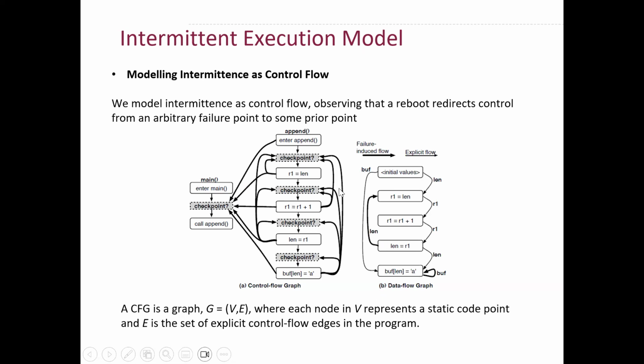The possible checkpoints are dotted boxes, and a failure-induced edge begins at each code point and targets each possible checkpoint. So enter append invokes a checkpoint. Then it goes to R1 equals length. It again invokes a checkpoint, and it goes to R1 equals R1 plus 1, and then it invokes a checkpoint. Every time it invokes a checkpoint, it decides whether this checkpoint is a valid checkpoint or not.